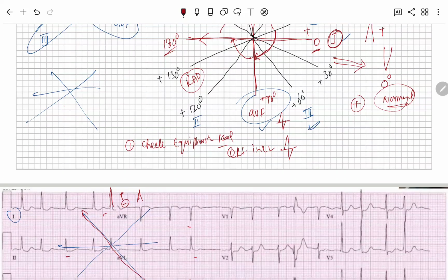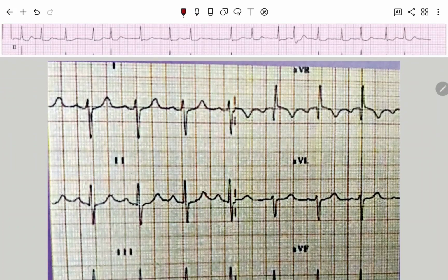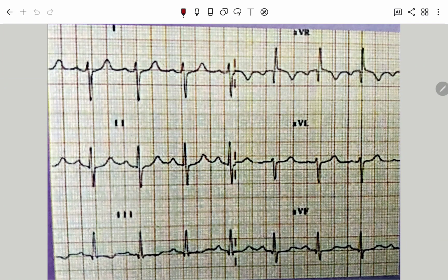Let me practice another ECG, right? You can see lead 1, 2 and 3, then AVR, AVL and AVF. Let's check which one of these is equiphasic. In these leads, limb lead 2 seems to be equiphasic, right?